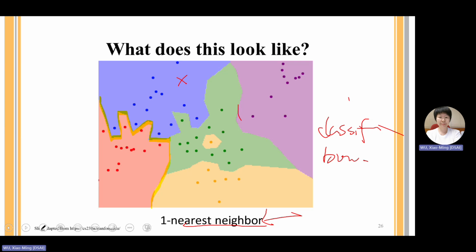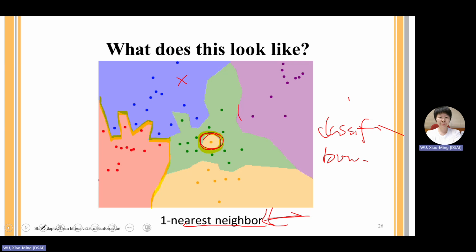And there's even an outlier here, this one: the yellow point sitting inside a cloud of the green points. So this is the classification result of one nearest neighbor.